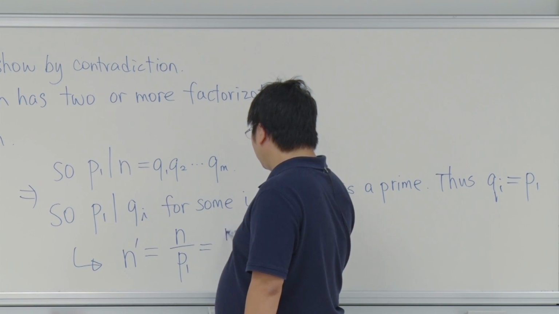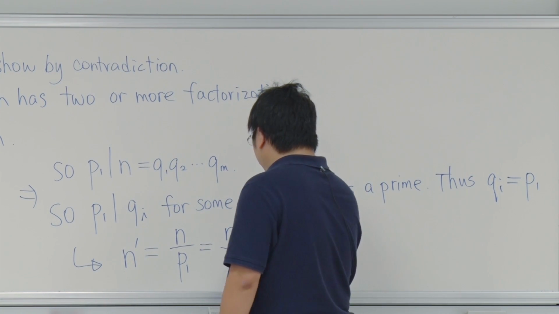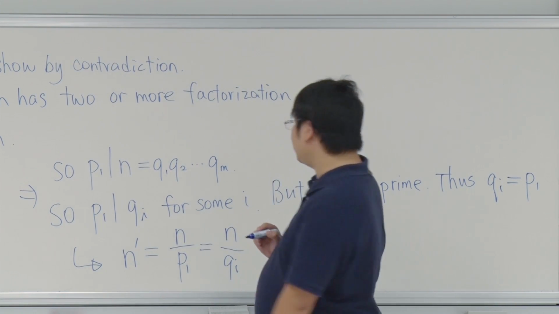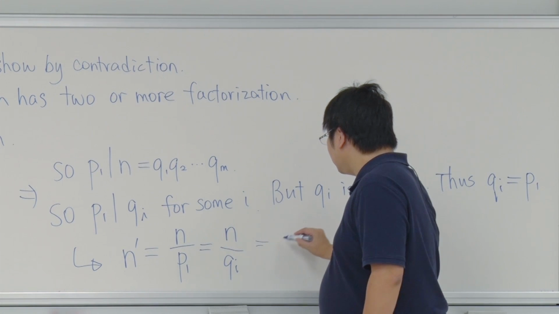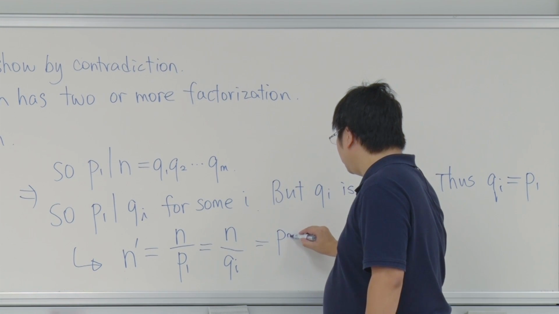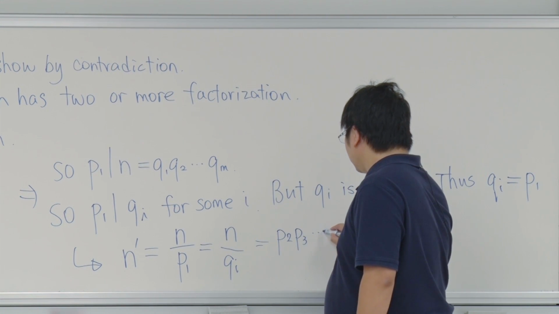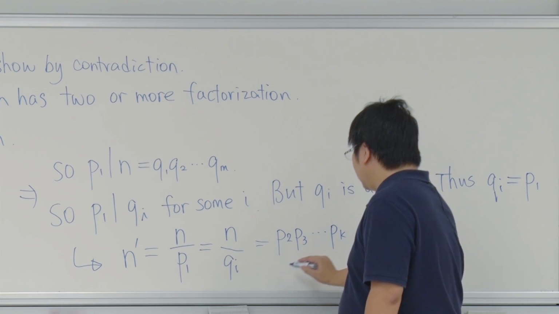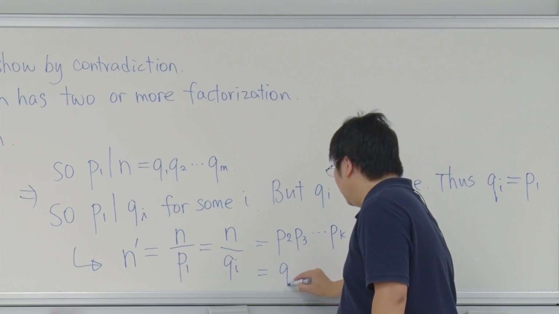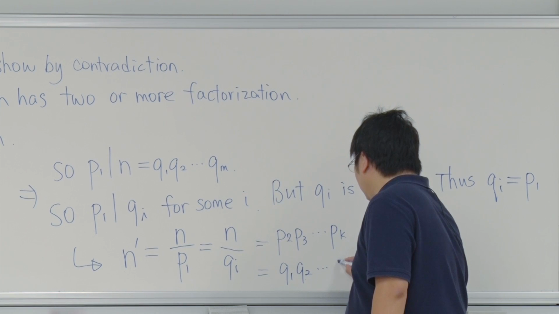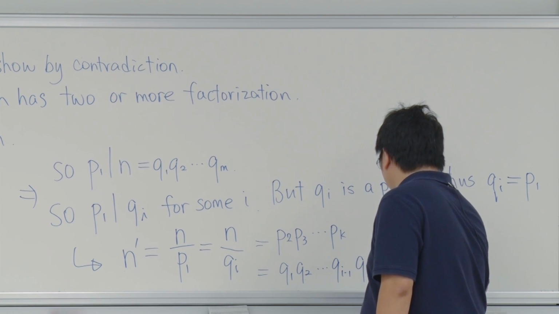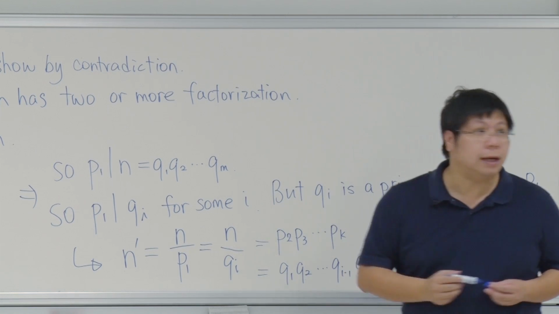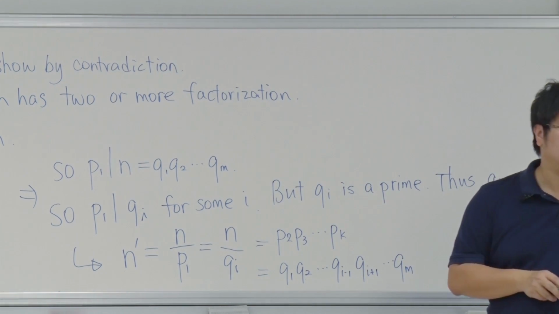Because p1 and qi are the same, it is the same as n divided by qi. So this is equal to p2, p3, up to pk. And this is also equal to q1, q2, up to q(i-1), q(i+1), up to qm.